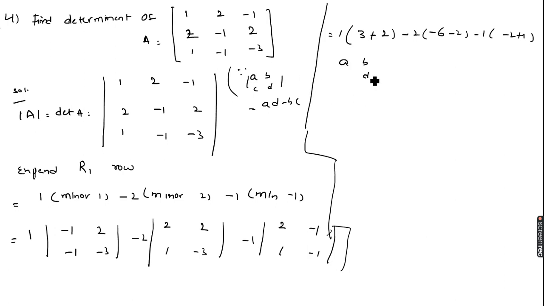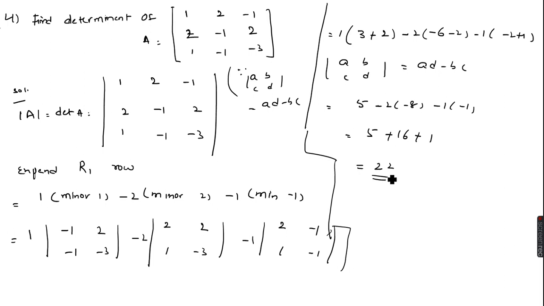So we get 3 plus 2, that is 5, and minus 2 into minus 8, minus 1 into minus 1, we get 5 plus 2 into 16 plus 1. So we get 16 plus 5 is 21 plus 1 is 22.